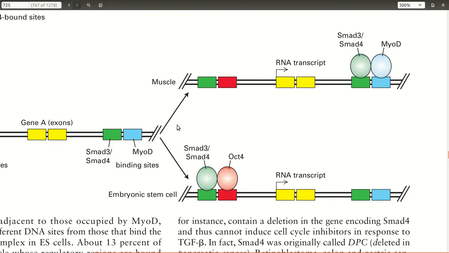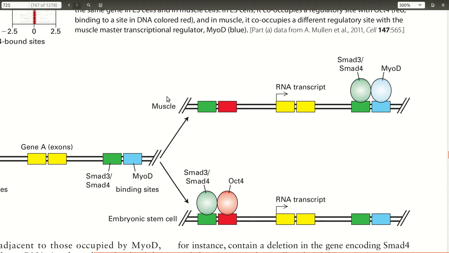For example, in an embryonic stem cell, you can see that the SMAD3/4 complex will bind to this left binding site with the OCT4, whereas in a muscle cell, the SMAD3/4 complex will bind in this right binding site adjacent to this other master transcription factor, MyoD.